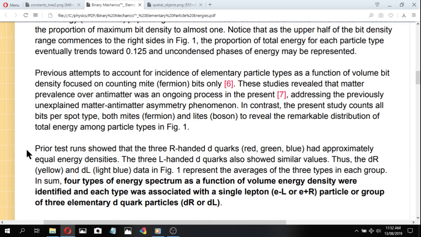Prior test runs showed that the three right-handed d quarks had approximately equal energy densities. The three left-handed d quarks also showed similar values. Thus, the Dr yellow and Dl light blue data in the figure represent the averages of the three types in each group.